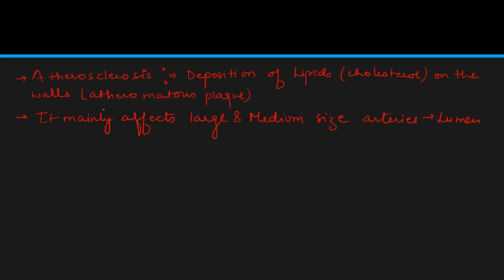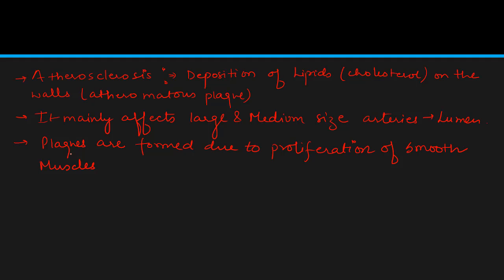Plaques are formed due to the proliferation of smooth muscles of the inner wall of the arteries, due to platelet derived growth factor, which causes narrowing of arteries.